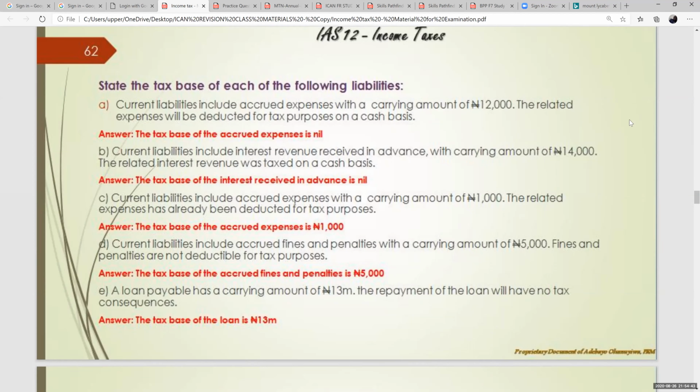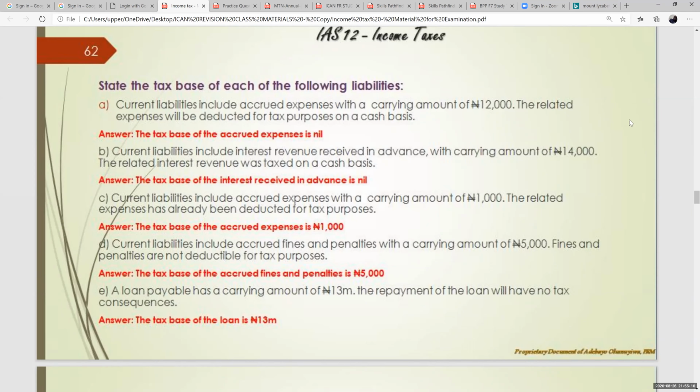In that situation, what then happens? It means it results in a permanent difference. There is no deferred tax implication, because the taxable or the temporary difference is nil. And it's only nil because the carrying amount equals the tax base. In this case, the tax base will be derived from the carrying amount of 5,000 naira.